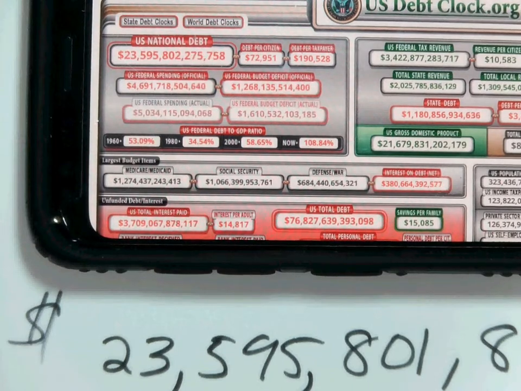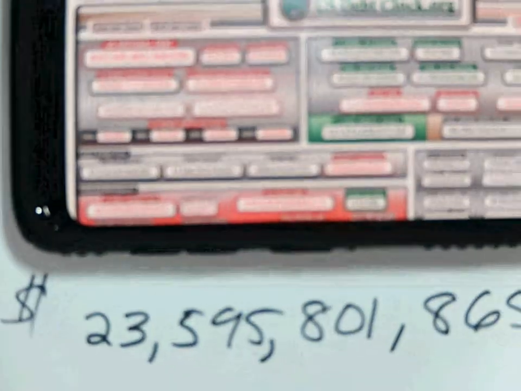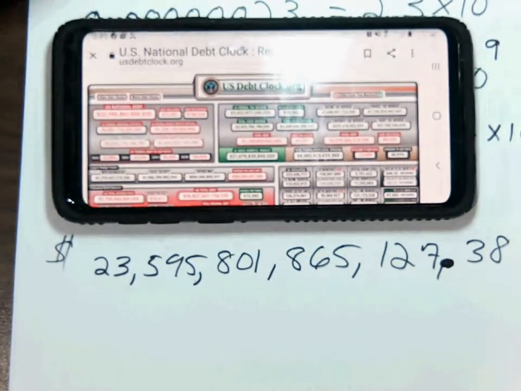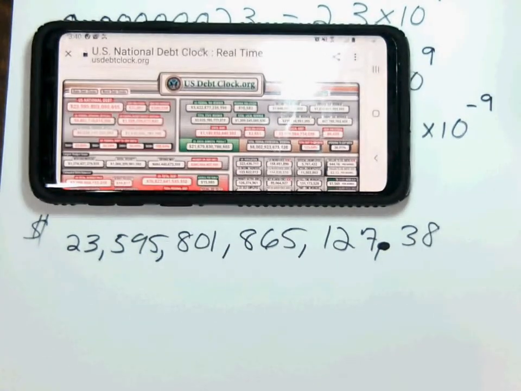That should be a point there, sorry. 0.38 cents. 23,595,801,865,127.38, and you can't even see it all. Shame on me. I just obviously made up those tail end numbers because it's changing so fast I can't see it. But this is an awfully big, bulky, clunky number, right?